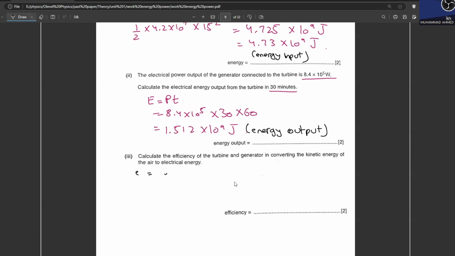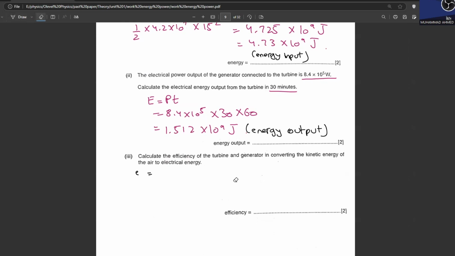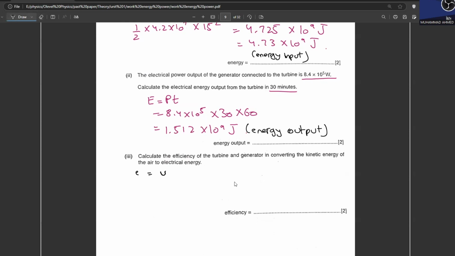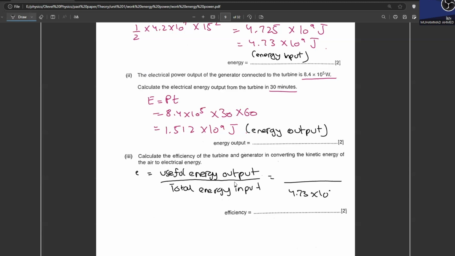Efficiency is given by the formula of useful energy output divided by the total energy input. So what is your total energy input? 4.73 into 10 raised to the power of 9.